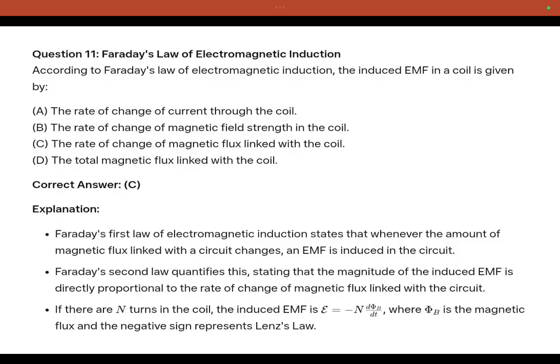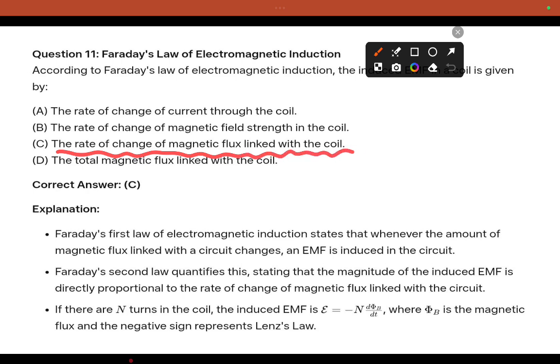Faraday's law of electromagnetic induction concept. According to Faraday's law of electromagnetic induction, the induced EMF in a coil is given by the rate of change of magnetic flux linked with the coil.